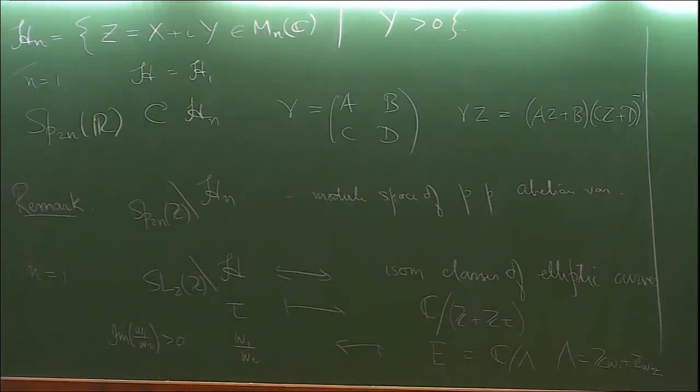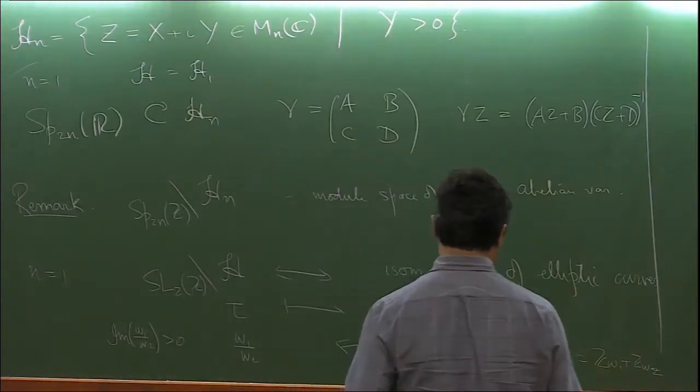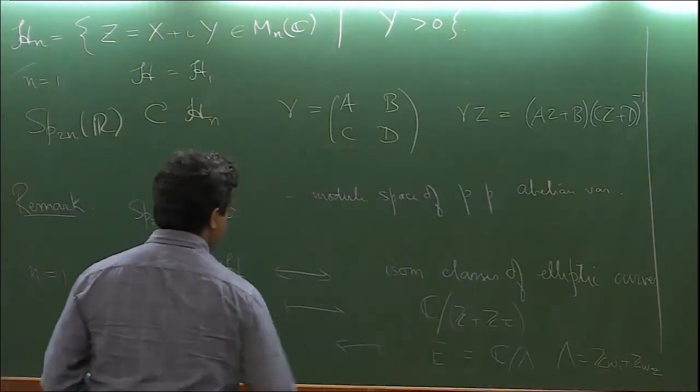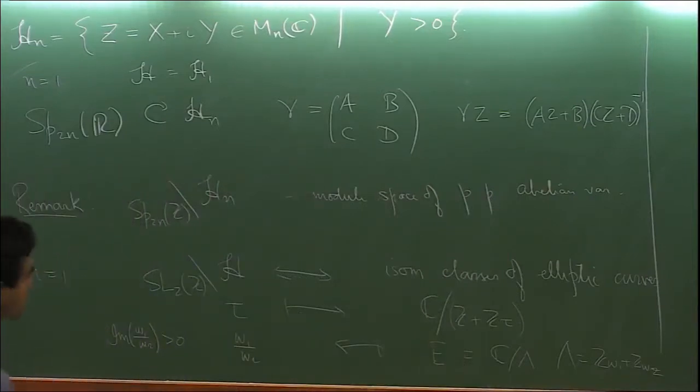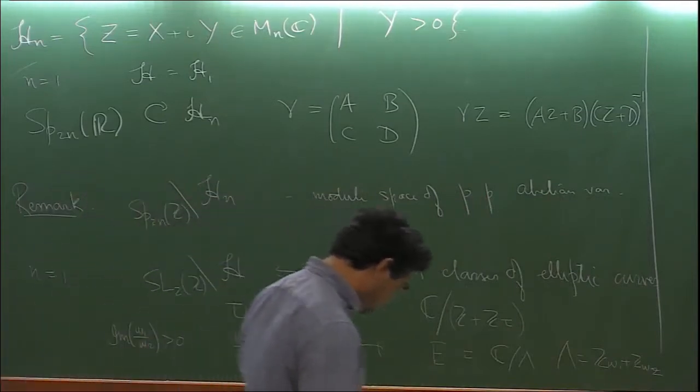So you can always find a basis like this. You have to mod out by this to get a one-to-one bijection. Okay, so these are moduli spaces of something, and so the functions related to this are called modular forms.